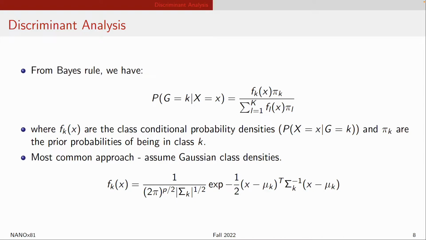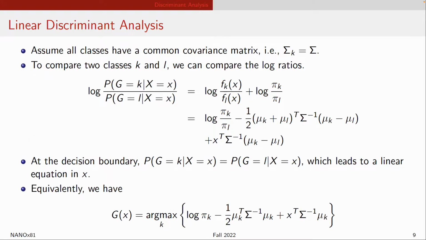All you need to determine is the mean of class k, and also this covariance matrix over here, okay? So in linear discriminant analysis, what you assume is that all your covariance matrices are exactly equal, okay? All the classes have the same covariance matrix, so you are not going to use different covariance matrices for each of your classes.